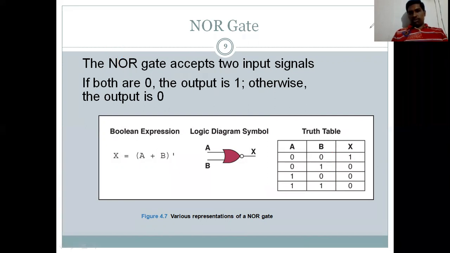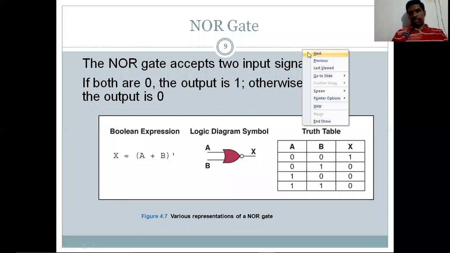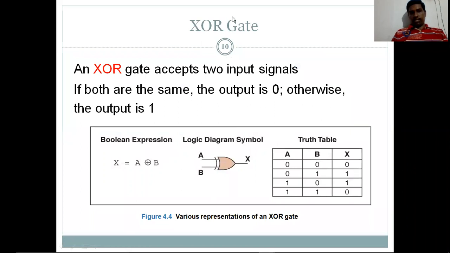Next will be the last two, which are your XOR and XNOR gates, right? XOR gate. The symbol of XOR gate: first you draw one OR gate.